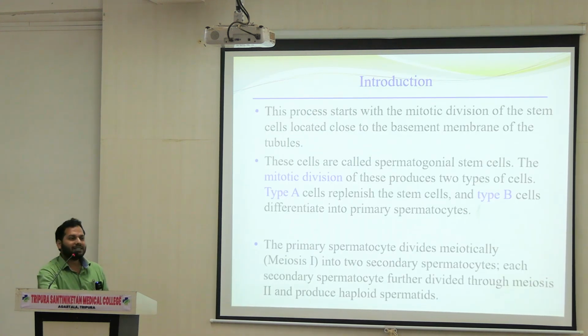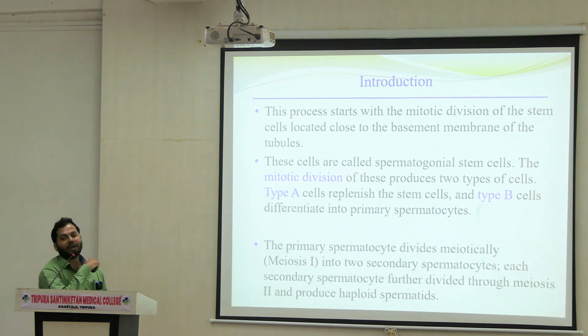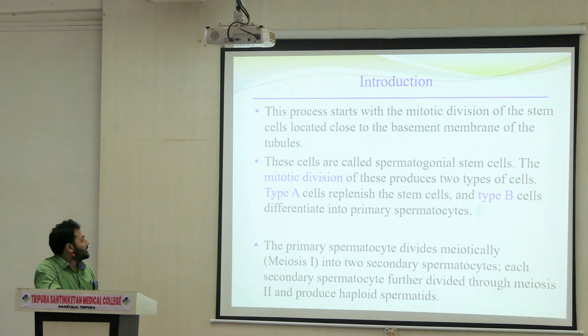Now, this is just a descriptive explanation of these particular events. Here you can see, as I mentioned, spermatogenesis involves mitotic cell divisions, right? And that mitotic cell division occurs from the spermatogonial stem cell.